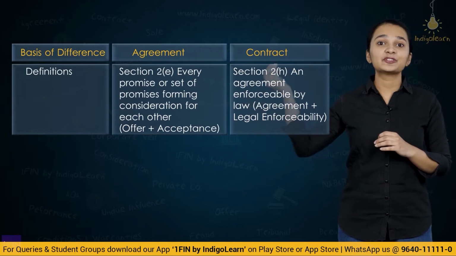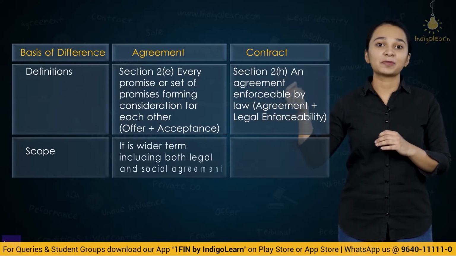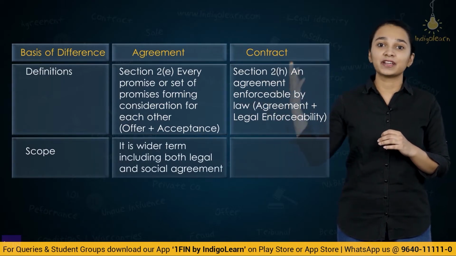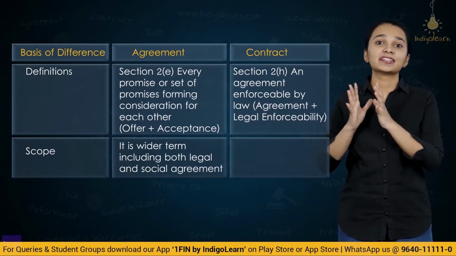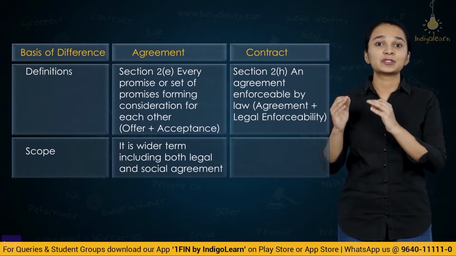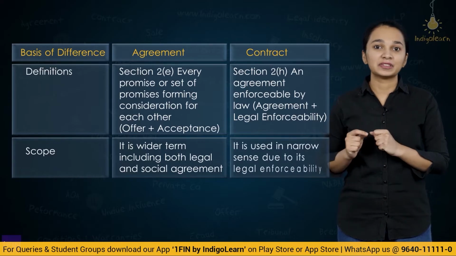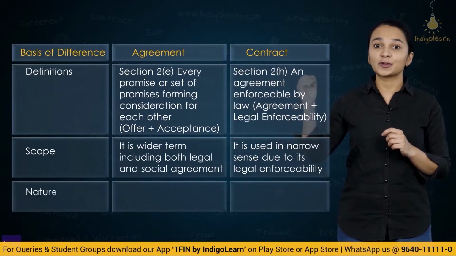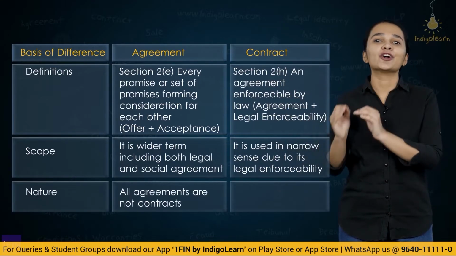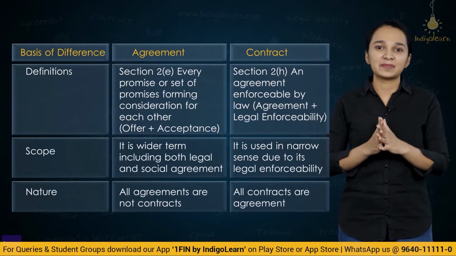Agreement includes all social and domestic types of agreements as well. Legal as well as social agreements are included in agreement, but a contract includes only those agreements which are legally enforceable. And we've also understood that all agreements are not contracts, but all contracts are agreements.